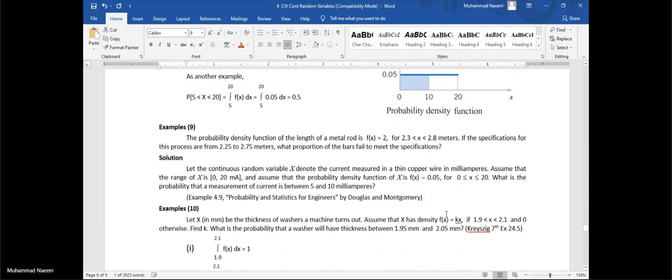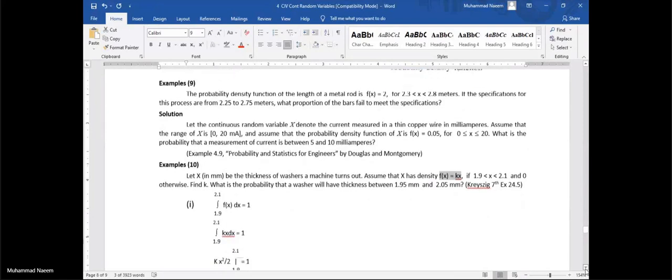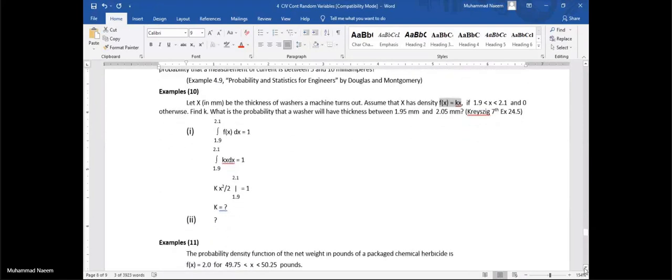But sometimes our density function is not in this form. Let's say it is equal to k. As this function is a probability density function, we take advantage that total probability is always equal to 1.